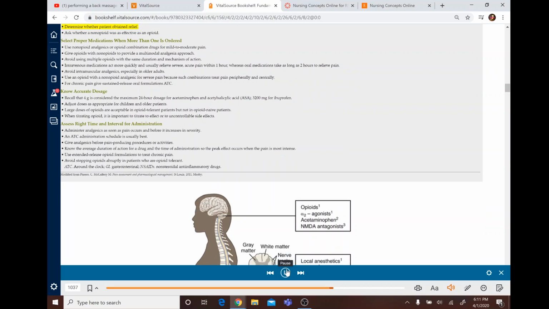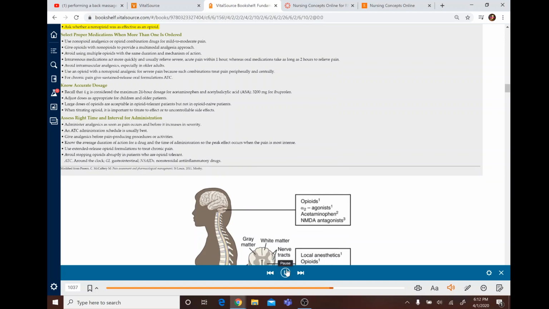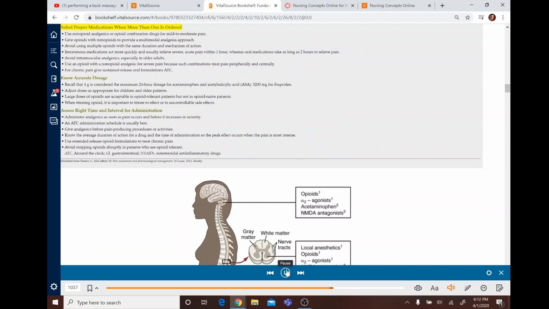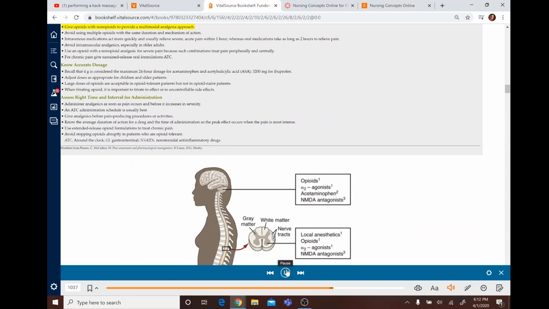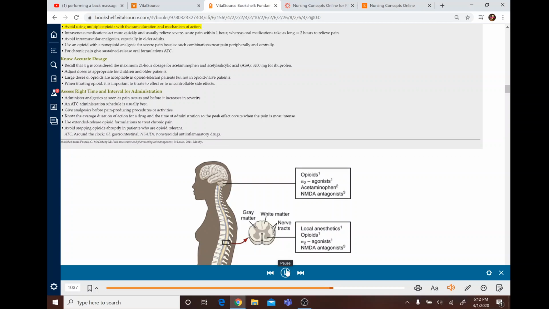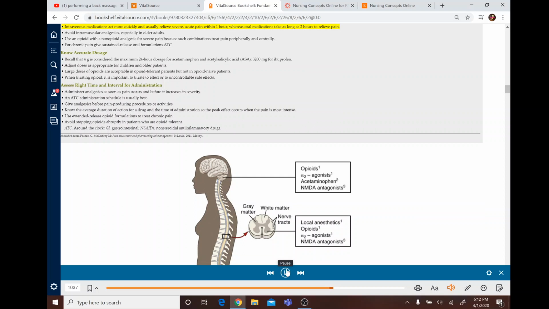Determine whether the patient obtained relief. Ask whether a non-opioid was as effective as an opioid. Select proper medications when more than one is ordered. Use non-opioid analgesics or opioid combination drugs for mild to moderate pain. Give opioids with non-opioids to provide a multimodal analgesia approach. Avoid using multiple opioids with the same duration and mechanism of action.